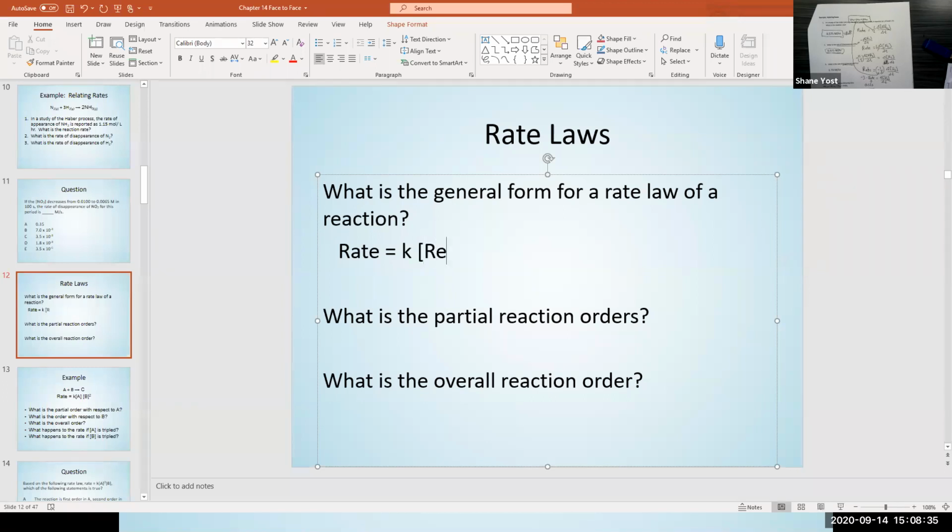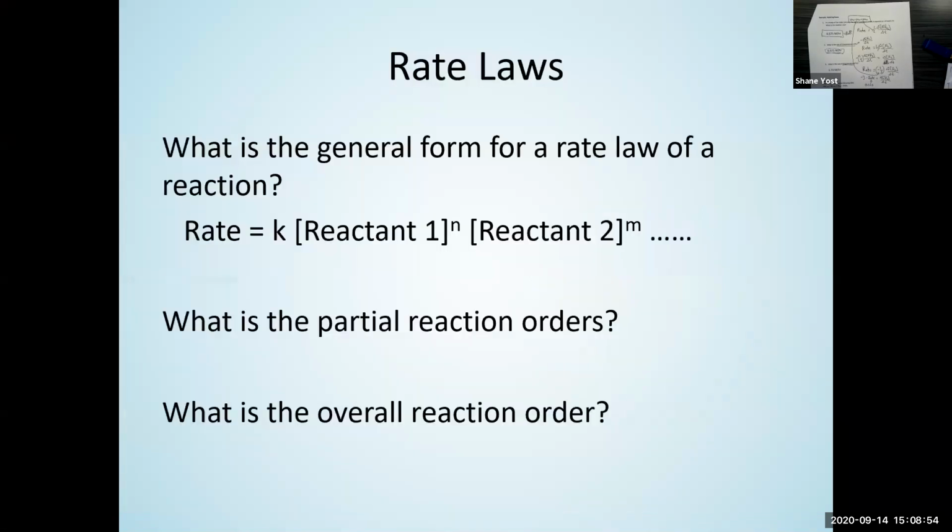Yeah, concentration of reactant 1, then you have it raised to just some power. Concentration of reactant 2, some power, and so on and so forth. So that is the general form of a rate law.